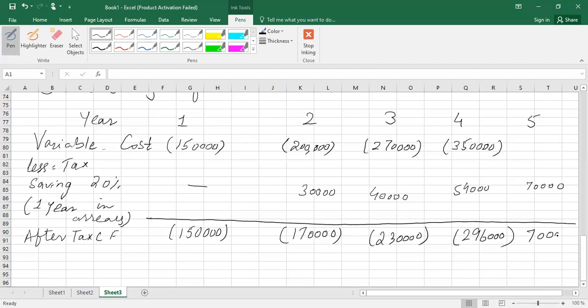And then we have a cash inflow of 70,000 because it is a saving. The rest are negative. Now present value, suppose at 10%: 0.909 from the present value table, 0.826, 0.751, 0.683, 0.621.